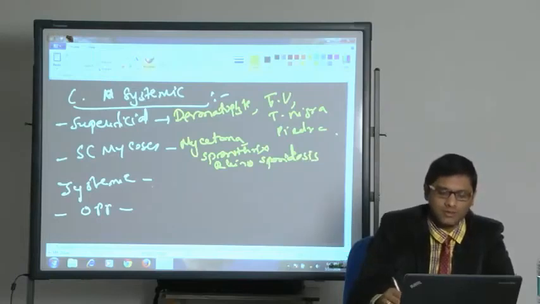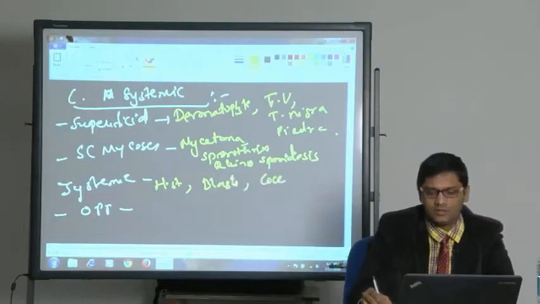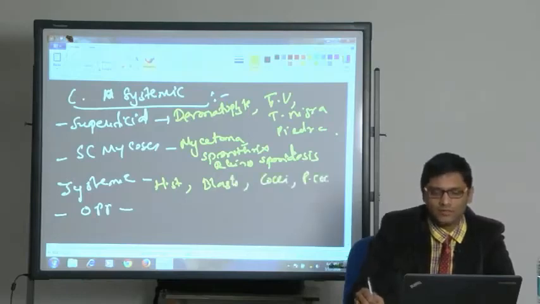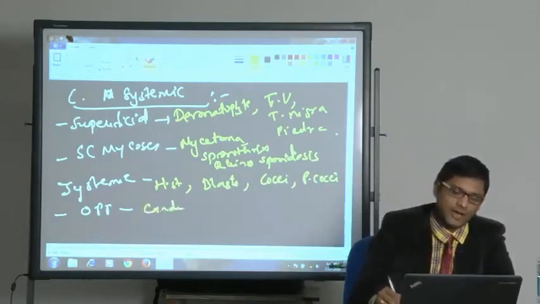Systemic mycosis: all four dimorphic fungus, Histoplasma, Blastomyces, Coccidioides and Paracoccidioides. Opportunistic mycosis: Candida and Crypto.